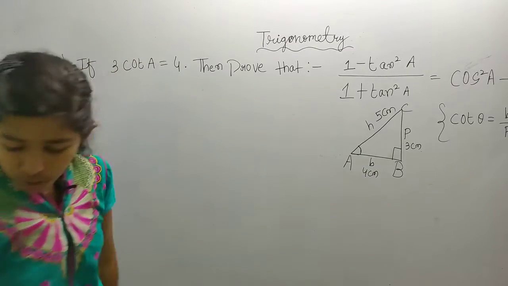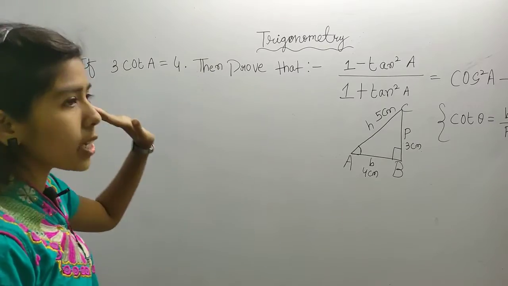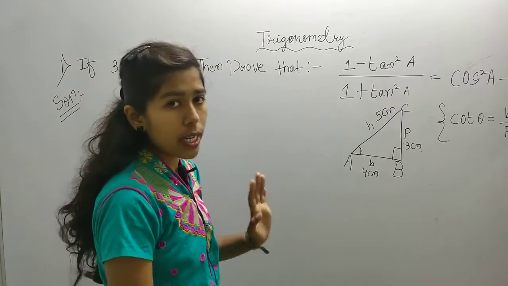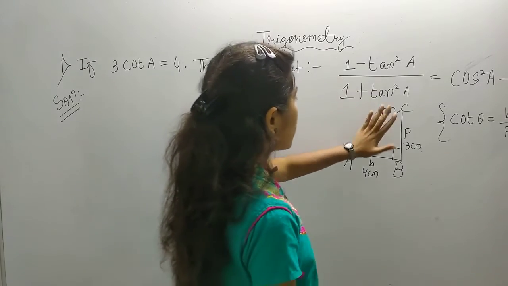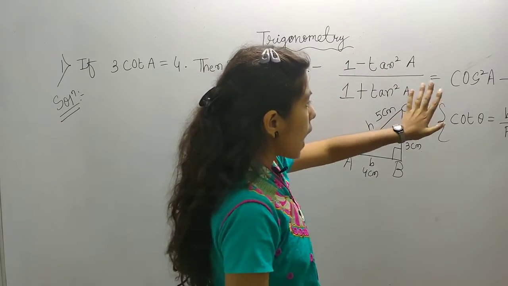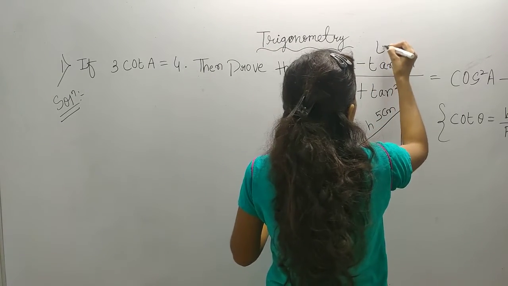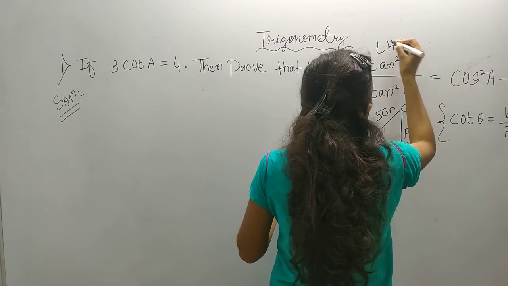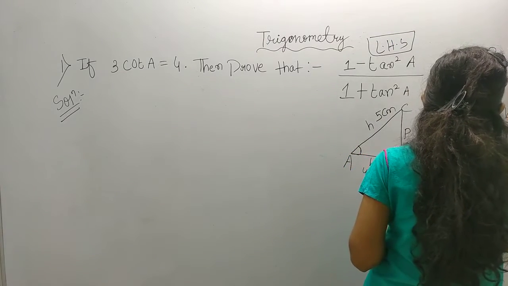So now see what is there in the question. We have already completed what's given in the question, and we have complete information about the triangle. Now what is given in the proof? First we will see LHS. What is given in LHS? This is our LHS side and this is our RHS.